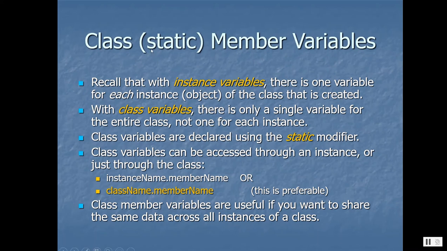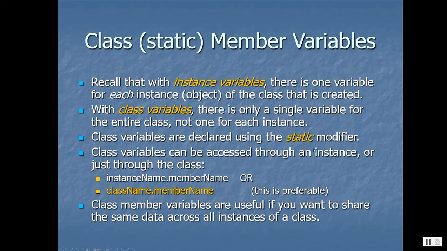As opposed to class variables, or I should say the variables that begin with the static modifier, there's only going to be a single one of those for the entire class, not one for each instance. These variables will still be variables about the class, but maybe they're more like summary variables. They're more about the class as a whole than they are about each individual instance of the class. And so we'll see an example of that.